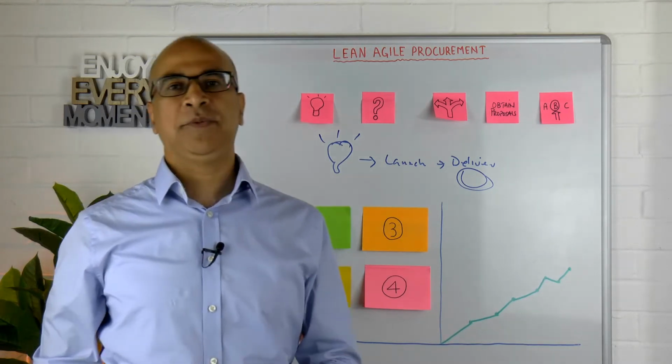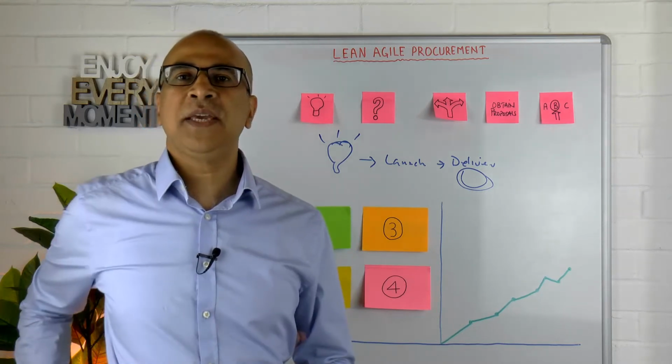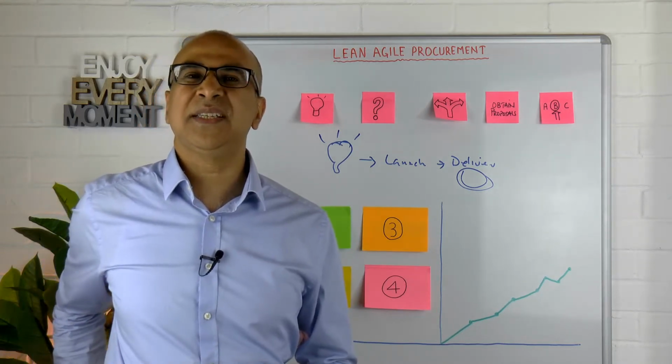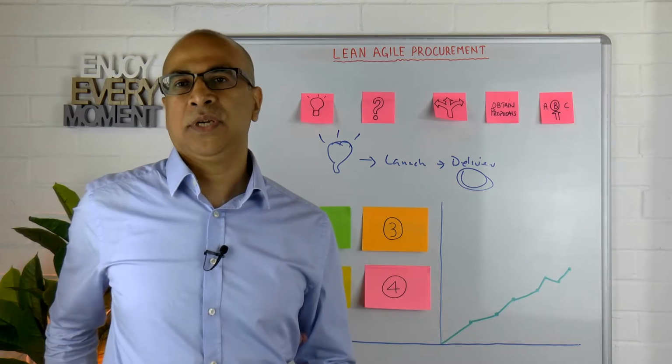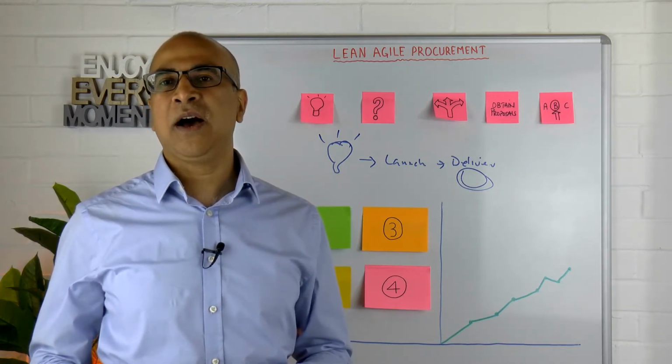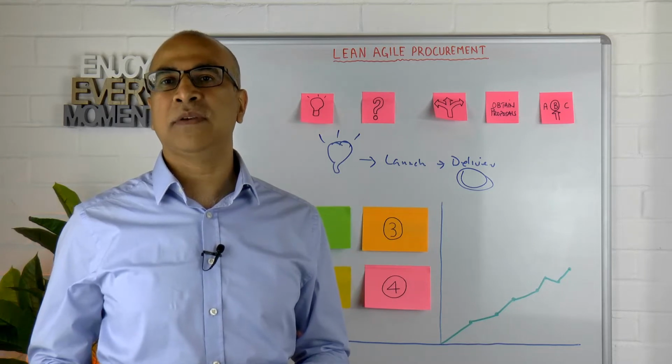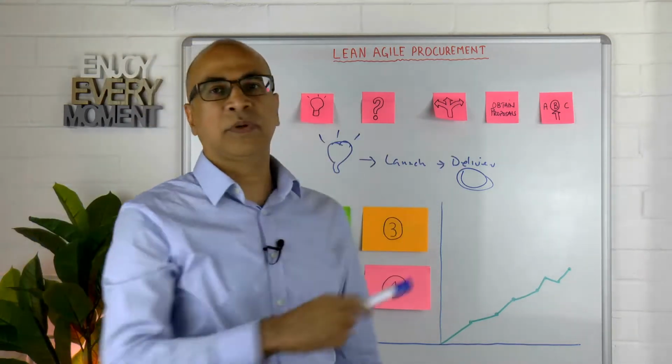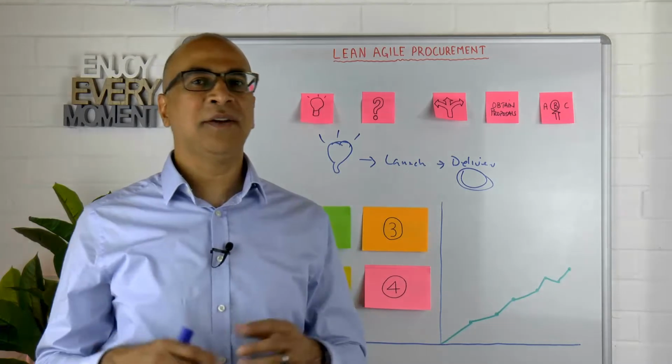Now, here's the problem with this. If you think about the way in which we're doing this, it is a highly sequential process, and it's assuming that we have all of the information that we need to progress. There are very little feedback loops.